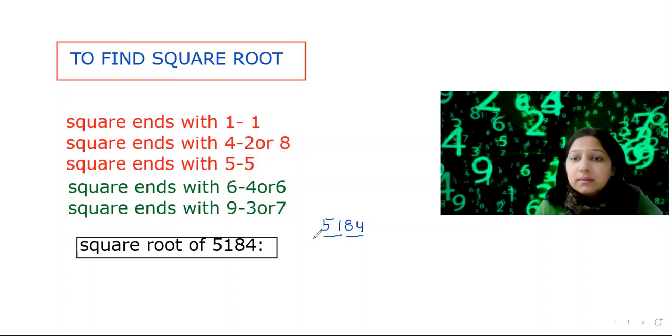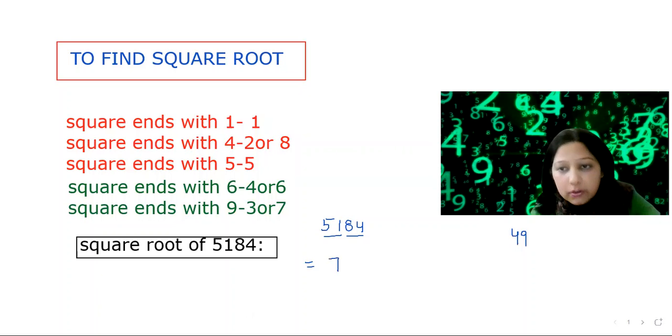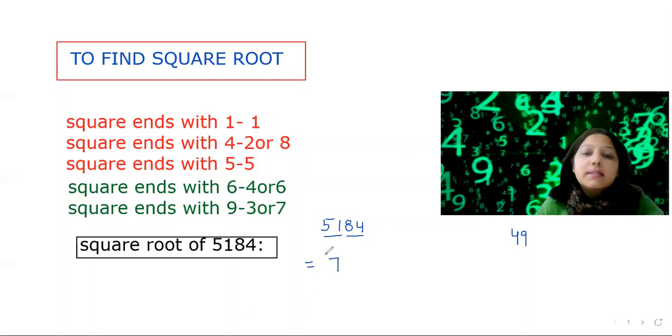As 51 is not a perfect square number, we will see the nearest square of 51. The nearest square of 51 is 49, which is the square of 7. So the first digit of the square root of 5184 will be 7.